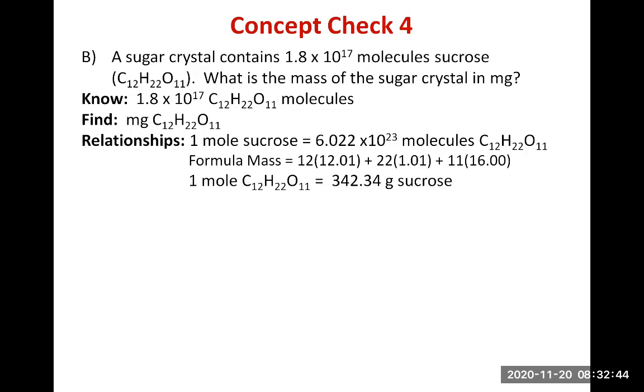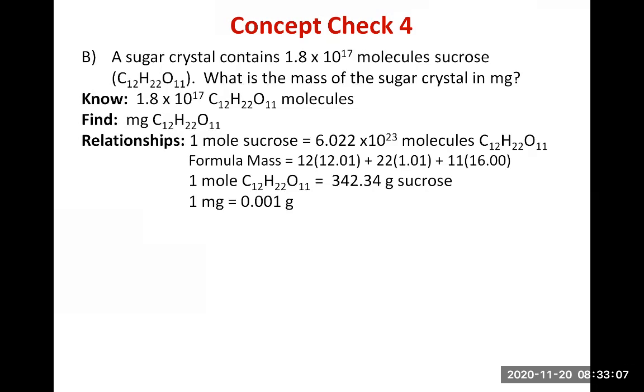So this will allow us to change the number of moles to grams. And finally, we need to change the grams to milligrams using the fact that 1 milligram is 0.001 gram, right? The prefix milli has a value of 0.001. So you change the milli by its value and keep the base unit of grams.